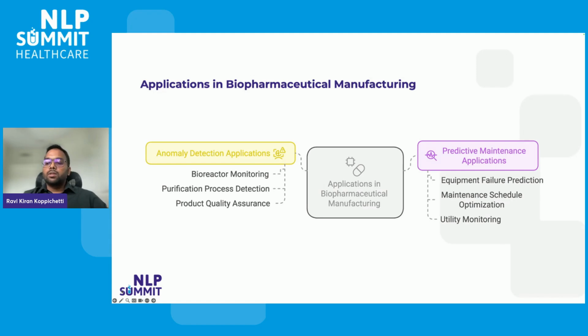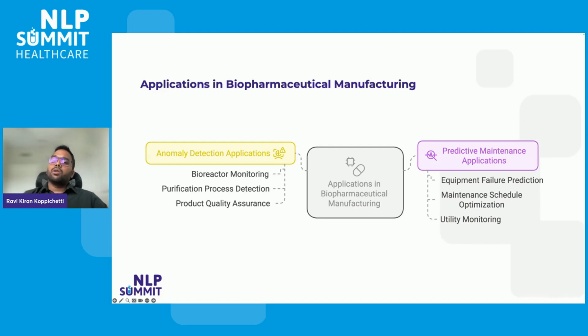For instance, an unexpected spike in pressure might indicate column clogging, while a drop in UV absorbance could suggest incomplete product recovery. By identifying these issues early, operators can take corrective action before they escalate, ensuring the final product has optimal integrity.